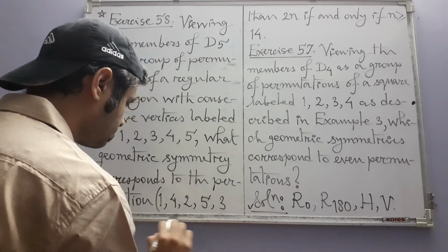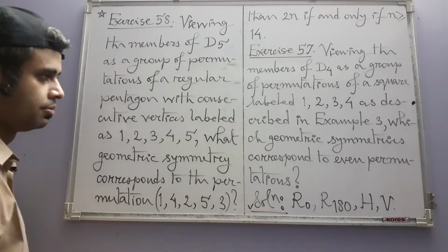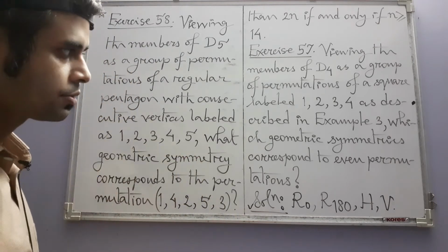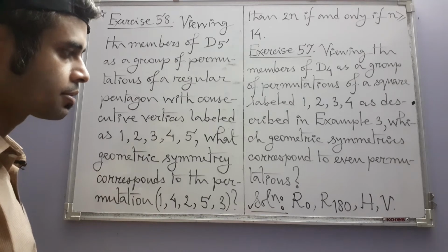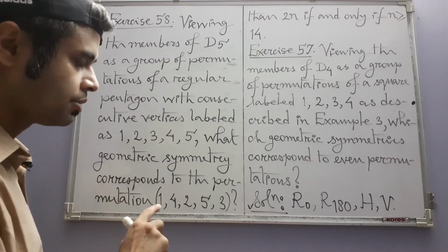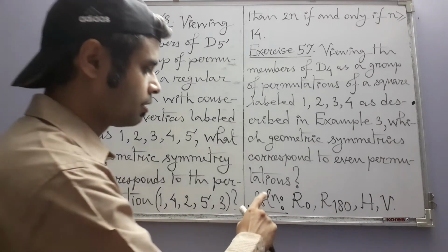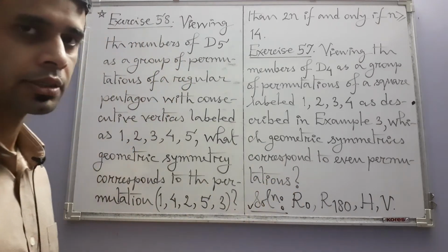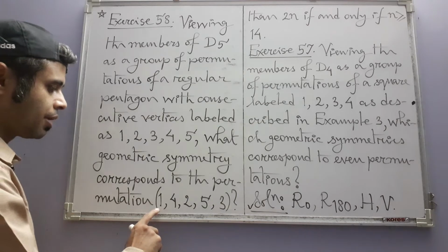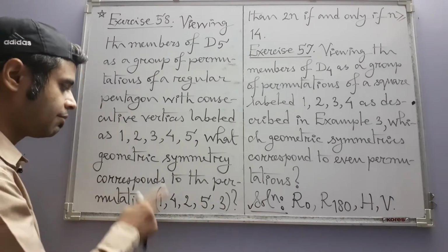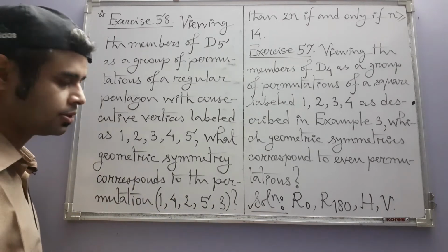So here we turn the problem around. In the previous one we were being asked to figure out what the geometric symmetries are that correspond to even permutations. Here, however, the permutation is given and we have to find the corresponding symmetry.